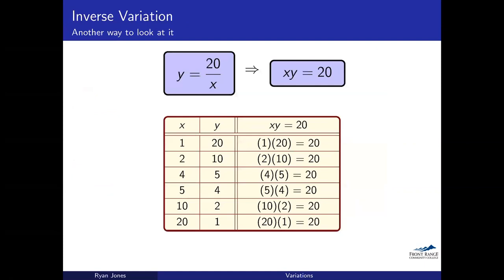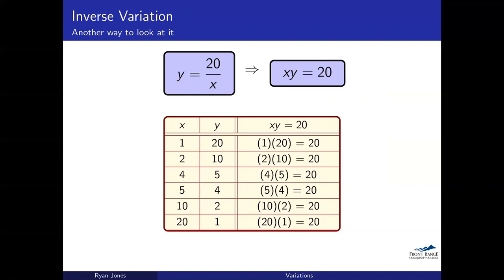One thing I want to talk about looking at inverse variation here is just another way of looking at this, different from how we saw before. So let's say that we start off with y equals k over x, just like we always would with inverse variation. But let's say that I set k equal to 20. All right. So just to give it a number here.